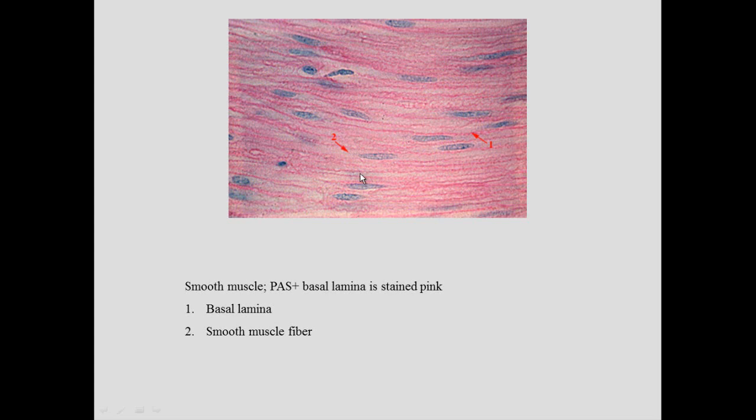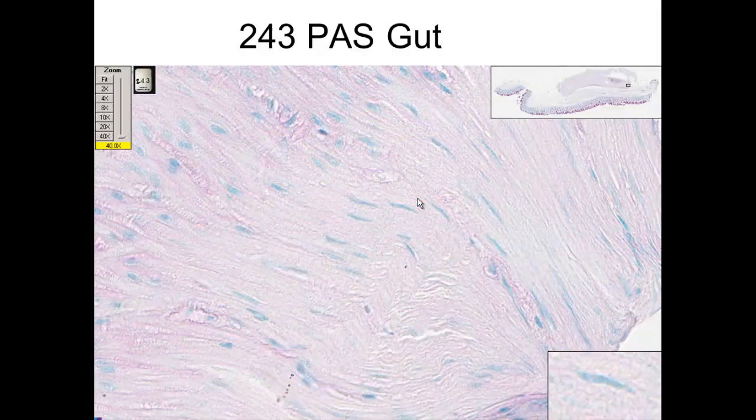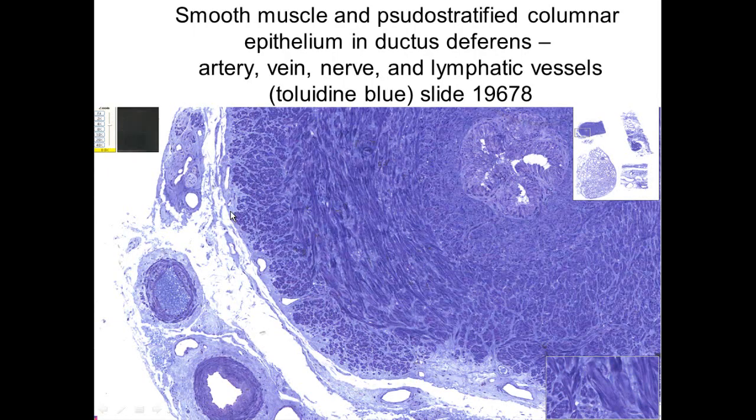The nucleus is in the center, shaped like a cigar except whenever it's a corkscrew, and the outside of the cell has a PAS positive basement membrane like epithelium. Here in this slide we can see a little bit of pink running through, which is the basement membrane of the cells.